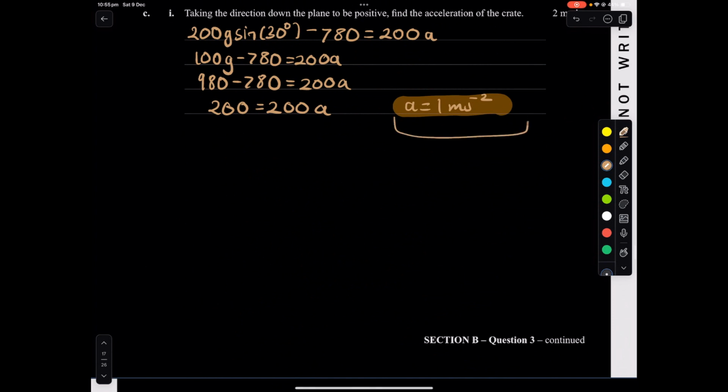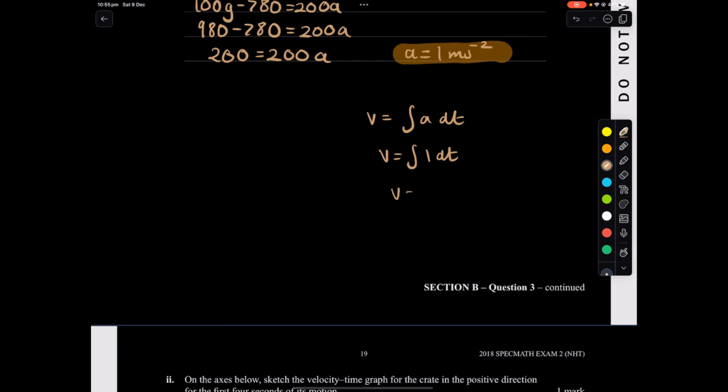So your velocity is just the integral of your acceleration in terms of time. In this case, it's the integral of 1 dt, which is t plus c. So your velocity is equal to t plus c.